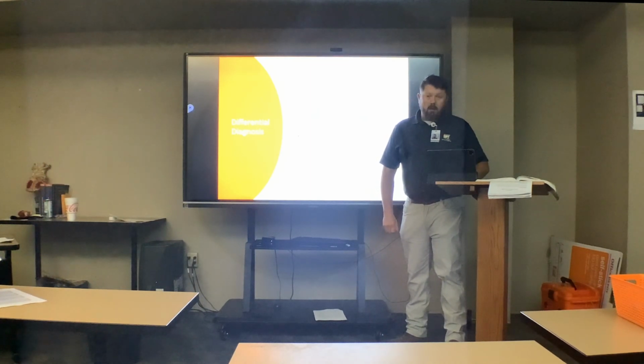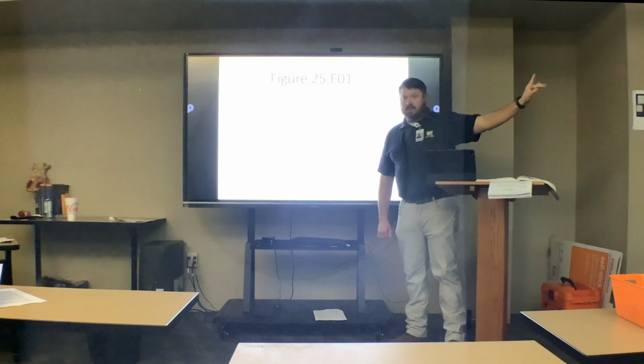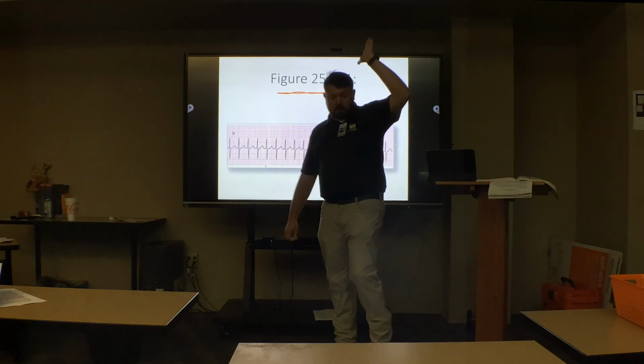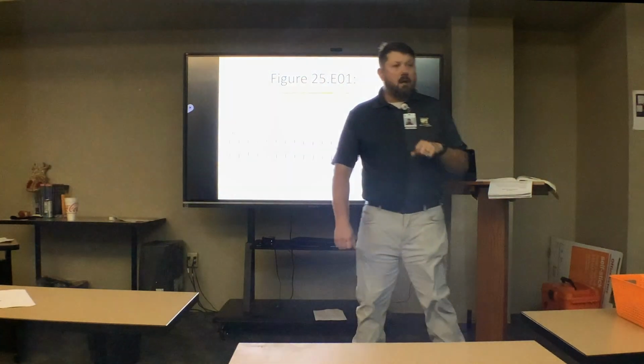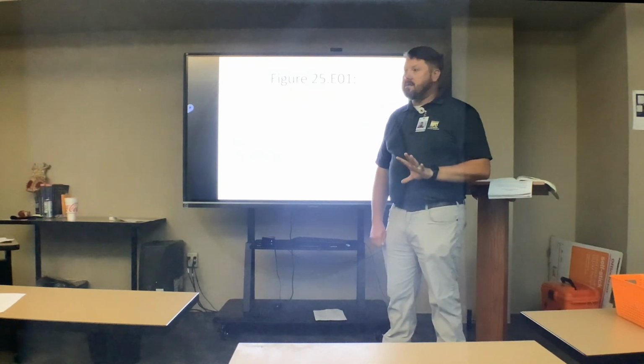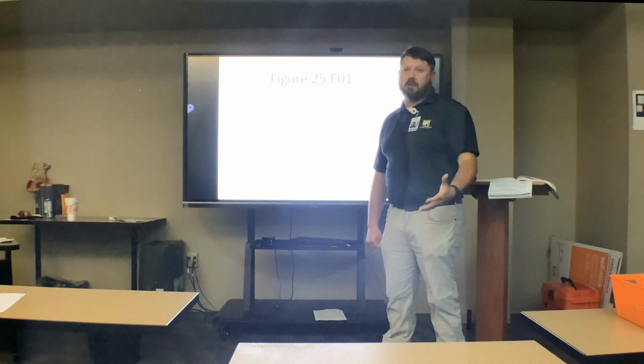When we see this rhythm, we look at their perfusion status, right? Remember your tachycardia algorithm. You go down, you say, okay, is this causing anything in the pink box of death? Is it causing anything that is shock-like or poor perfusion-like?